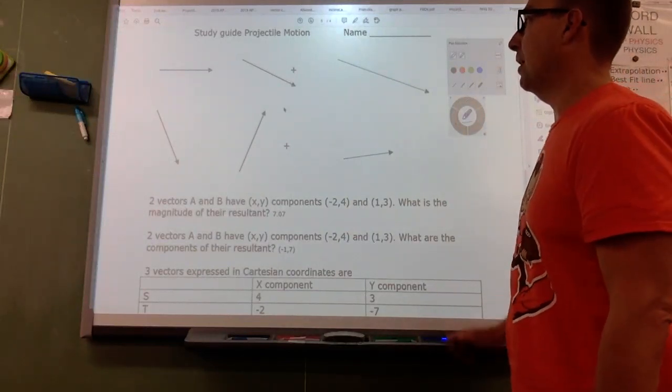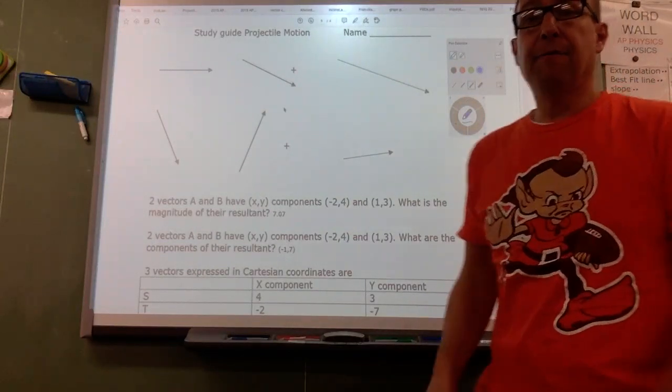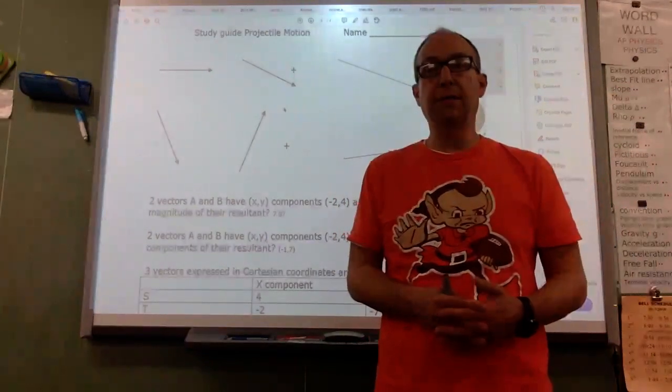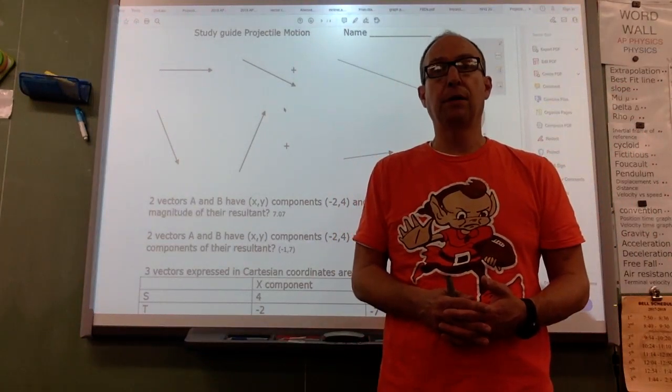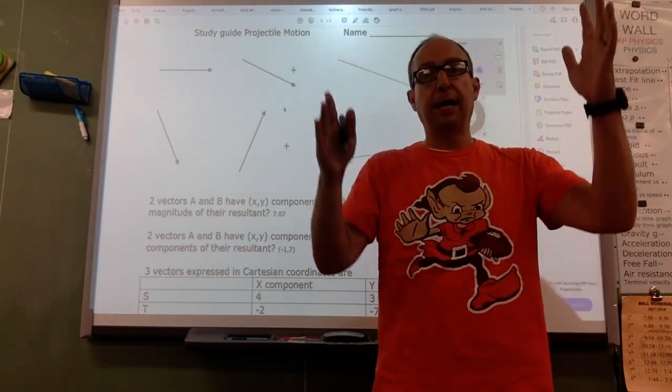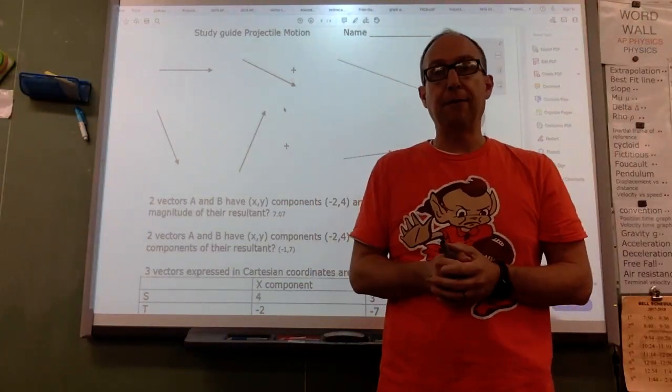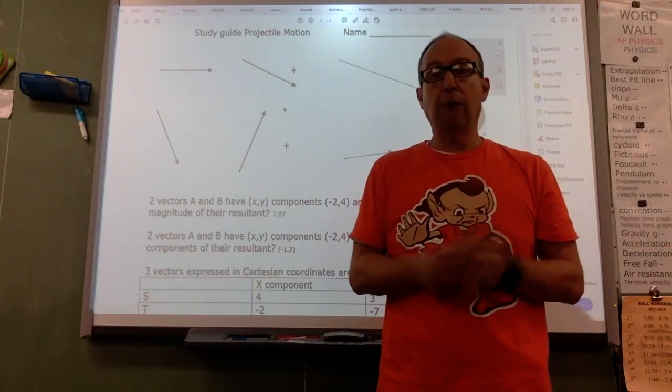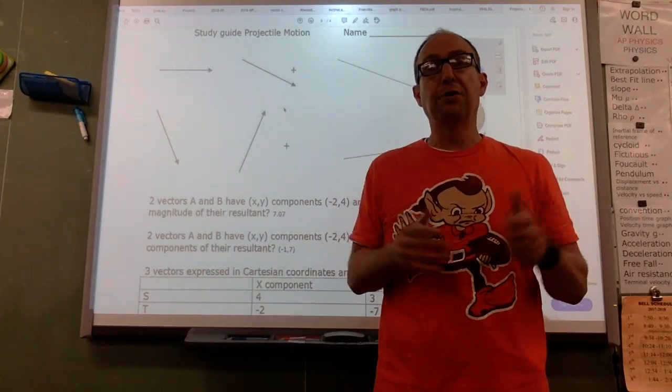All right, so in order to add vectors graphically, the tip-to-tail or head-to-tail method, you have to keep the vector the same length and you can't rotate it at all. So the two things that define a vector are how long it is, its magnitude, and the direction that it's pointing.